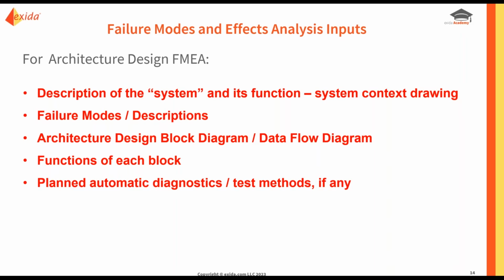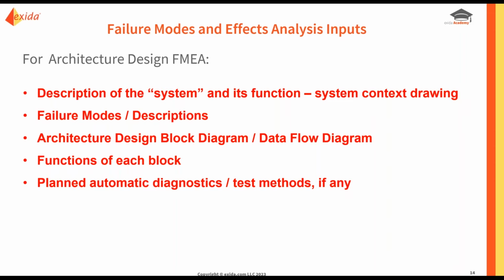At the system level, we need the system failure modes and a description of those failure modes, because that is the effect we're going to be entering. We certainly need an architecture design block diagram, typically for functional blocks and for hardware blocks, or a data flow diagram after functions have been allocated to software.